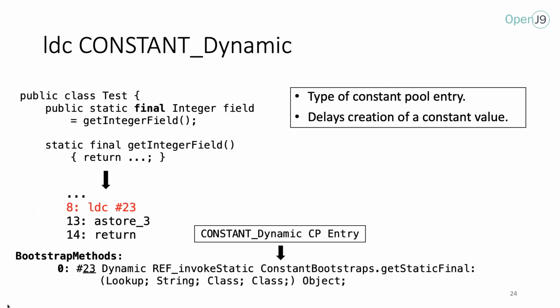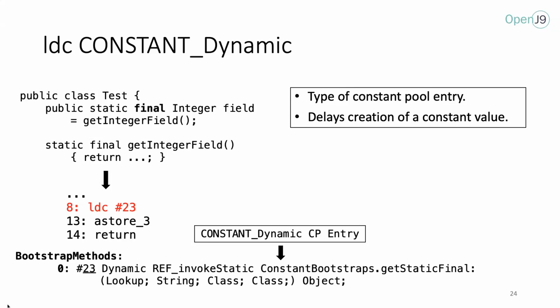So later on, I think they wanted to employ the invoke dynamic strategy also onto constants. So the Java language introduced the constant dynamic constant pool entry. In invoke dynamic, we delay the linking of methods for the operation.